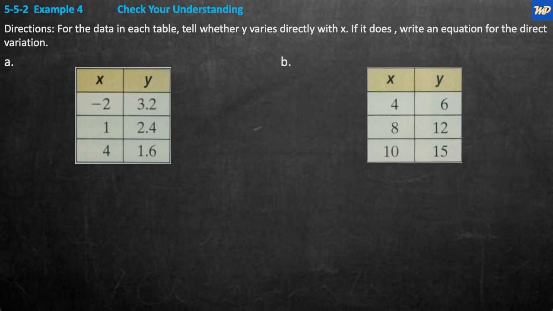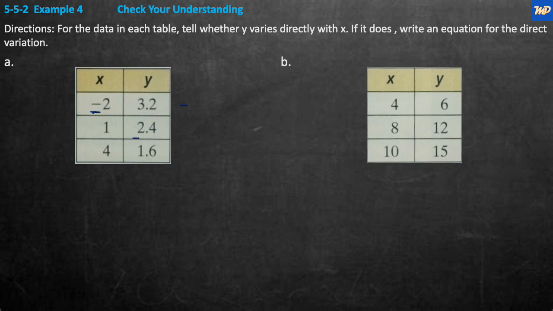Let's look at A. So we have an x and a y value. So what do we have to do? We have to divide y by x in all three cases and make sure that they're all the same. Well, we start off with 3.2 divided by 2. It's negative 1.6, right? Then we have 2.4. Well, right off the bat, there are two reasons why this is not. This is negative here, negative and positive.